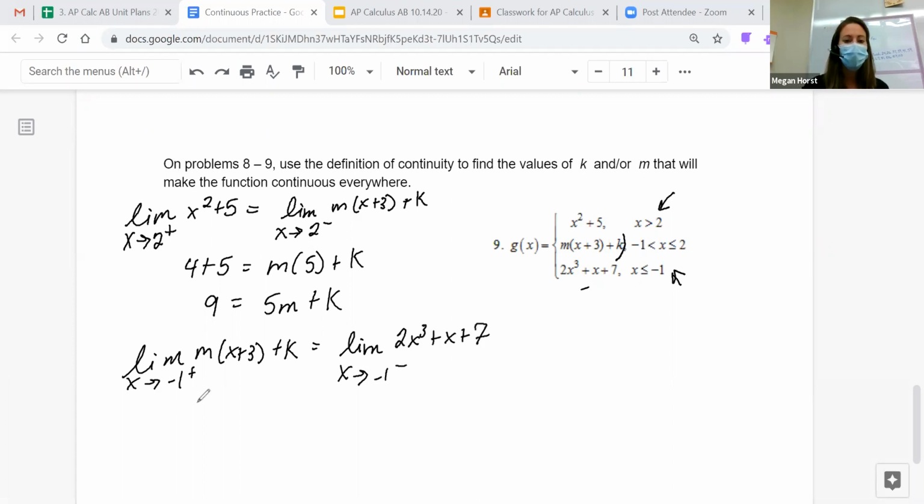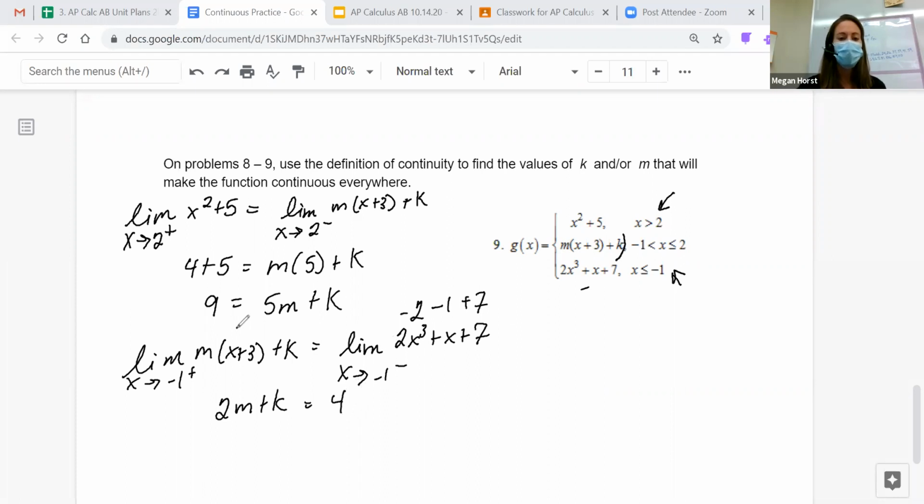Substituting -1, I get 2m plus k, since -1 plus 3 is 2. On the other side, that's negative 2, subtract 1, plus 7. So 7 minus 1 is 6, subtract another 2 is 4.